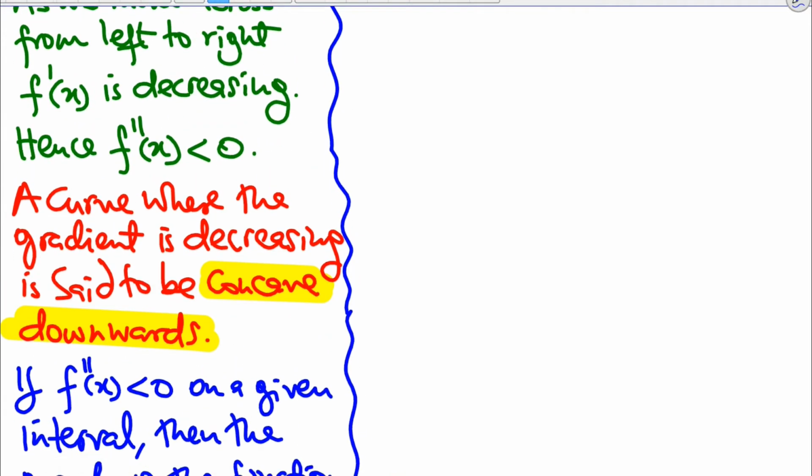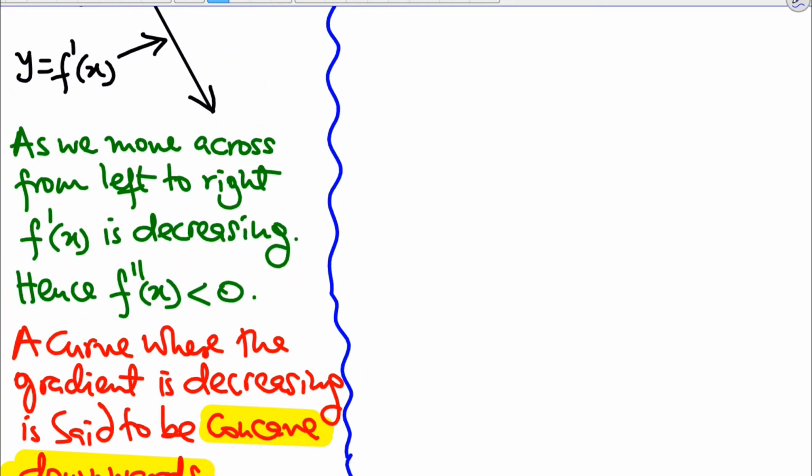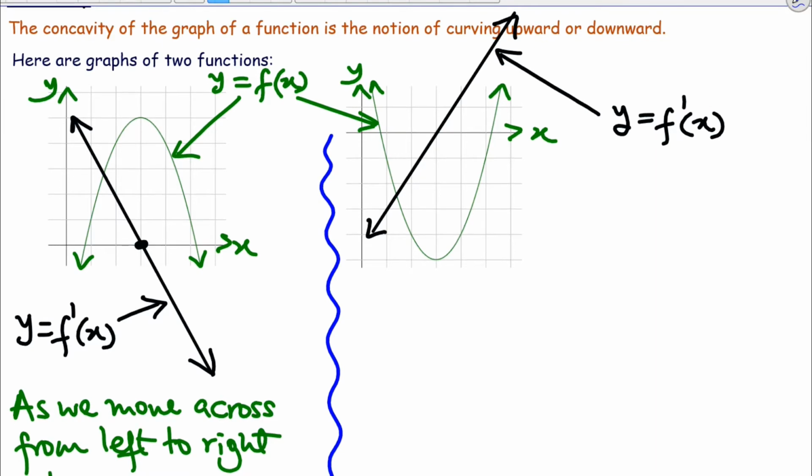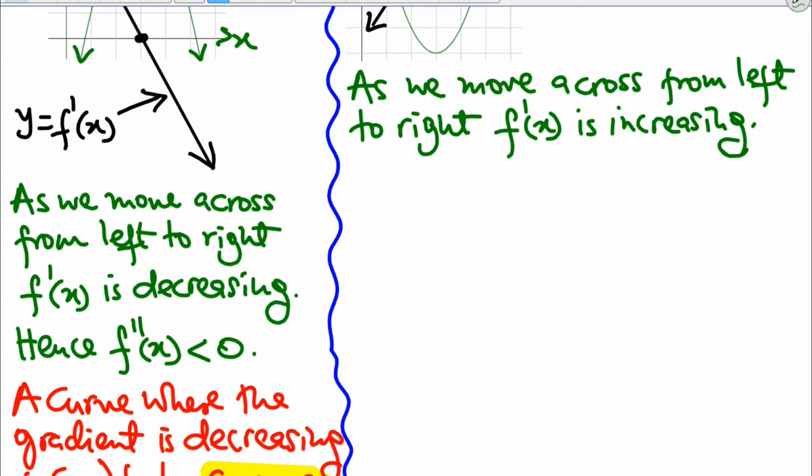That final statement summarizes the two statements that we have here. Now we can do the same thing on the right-hand side. On the right-hand side we can see that as we move across from left to right, the slope is increasing, from negative to positive.